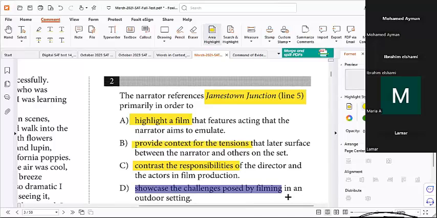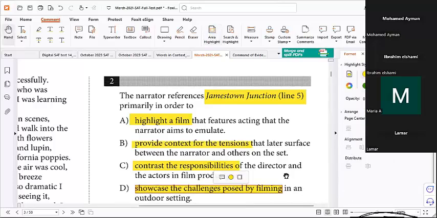Like, is it easy? I think it's harder to film outdoors, much harder than indoors, because the camera is moving and other things could affect it. But indoors, most cameras are stable and fixed, so it's easier. So he's showing the challenges, comparing filming indoors and outdoors.